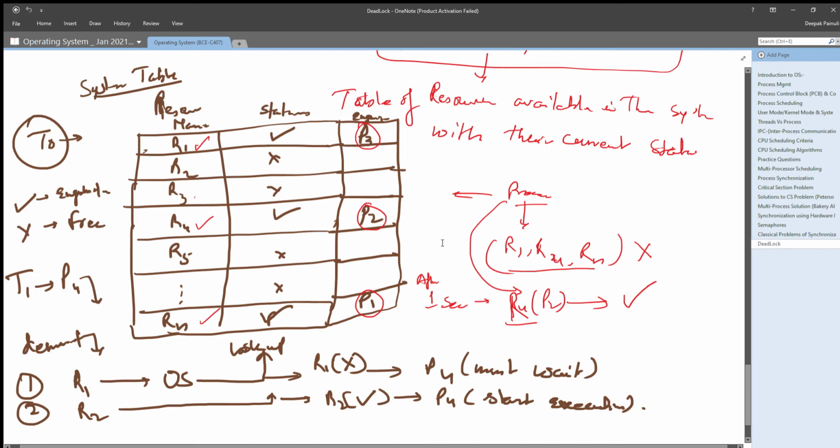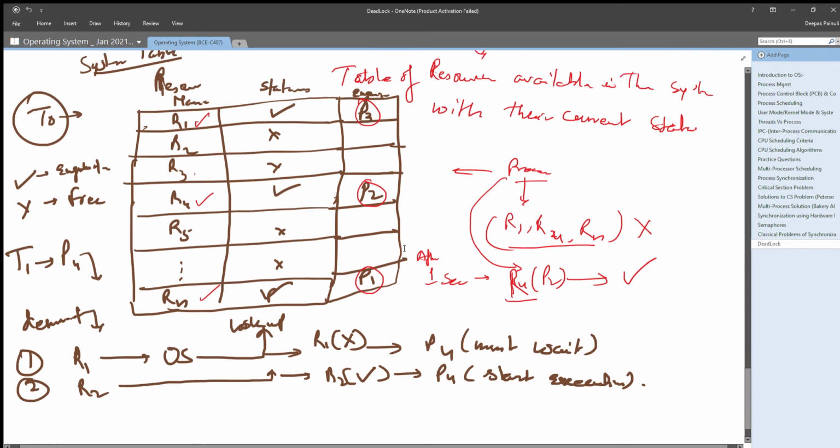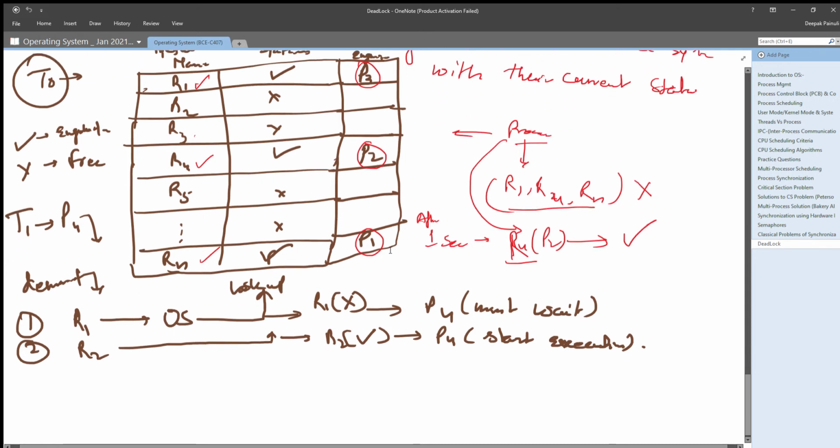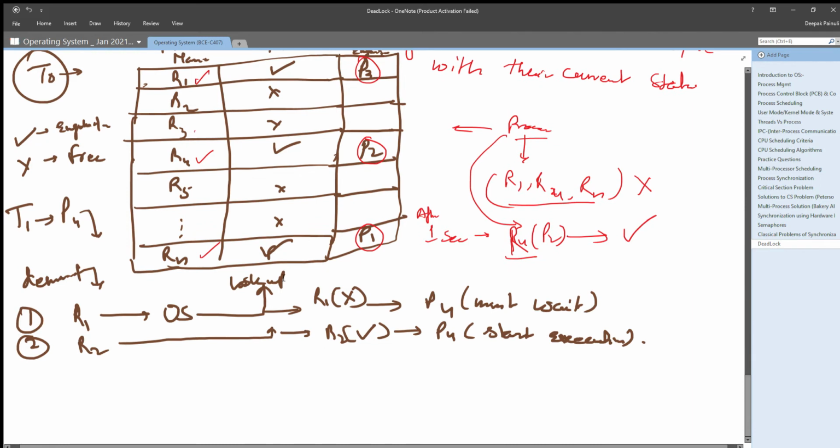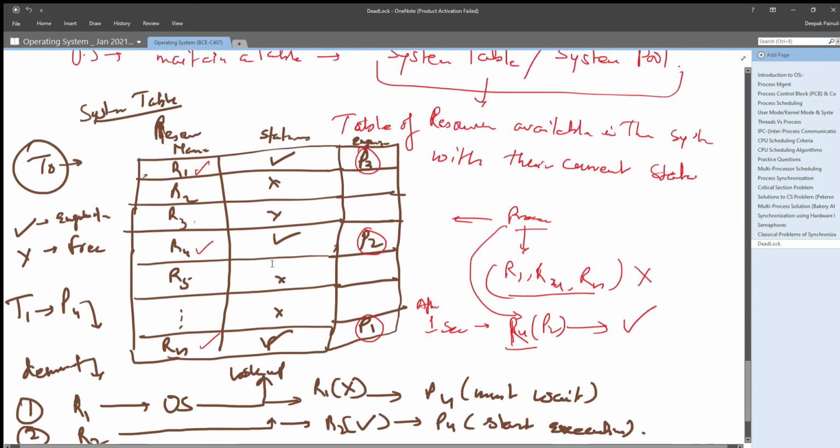or for ensuring a deadlock-free environment in the system? The operating system creates a system table, or we sometimes address it as a system pool, in which it maintains the resources and their status. So whenever a new request for any resource comes, it looks up the table for that particular resource.